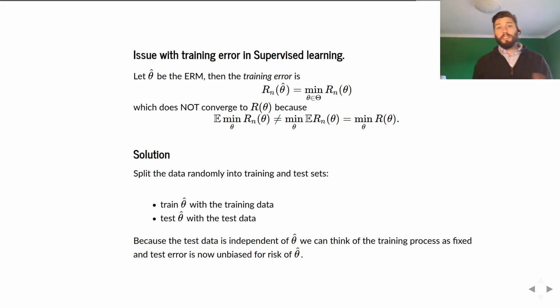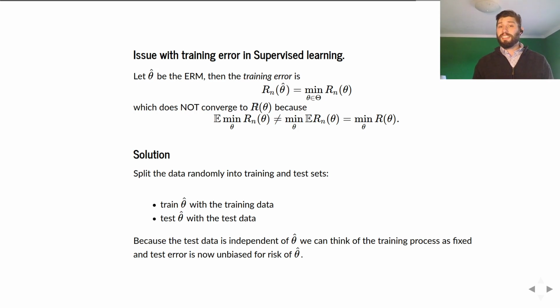So empirical risk minimization is a reasonable idea. But when you do this, the training error, which is just the empirical risk, now becomes a biased estimate because you've used it to select your parameters, right? So if we look at our training error, this is the minimum training error with respect to our selection of our parameters, right?